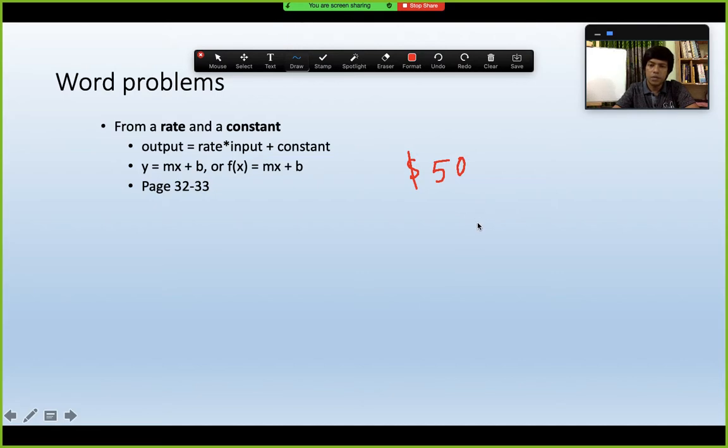Then if I ask, what will be the function that represents this money, in terms of weeks, what will be your total money after some weeks, or how can you represent this thing in an equation, in a function? How can you represent this thing?